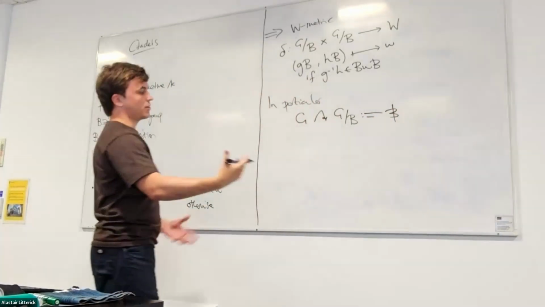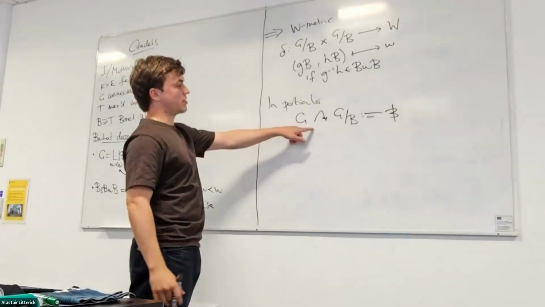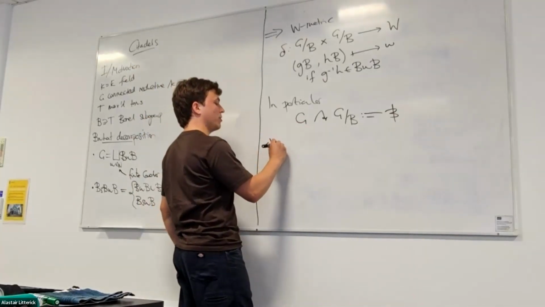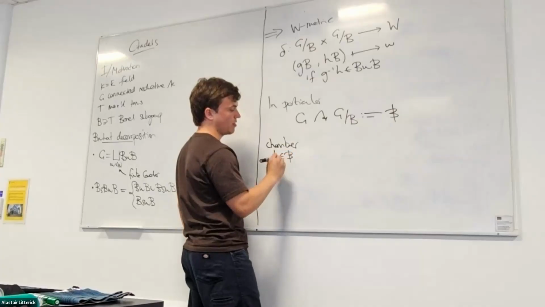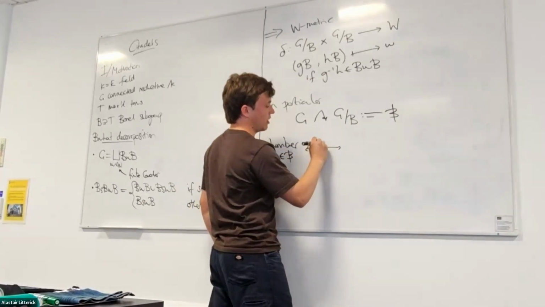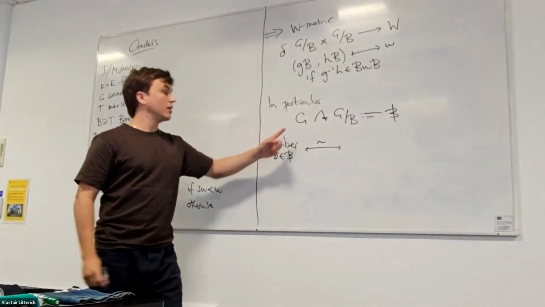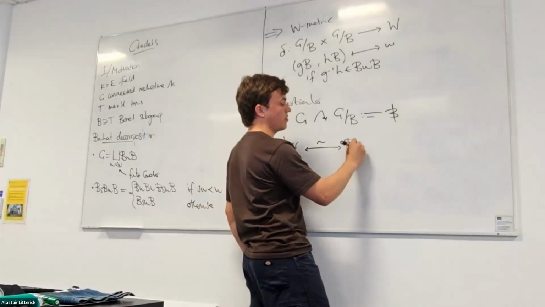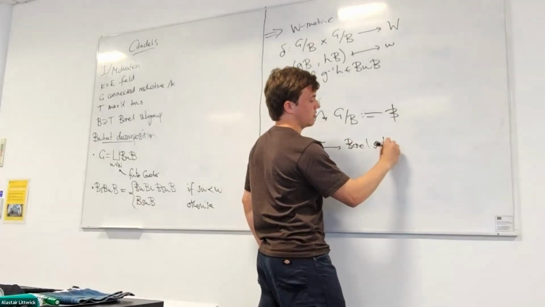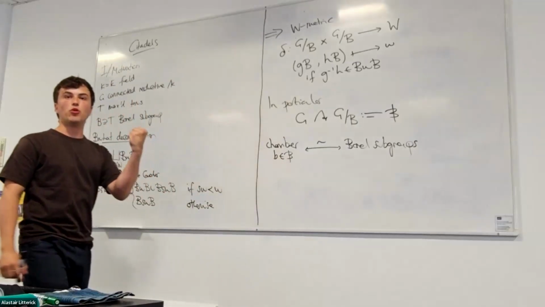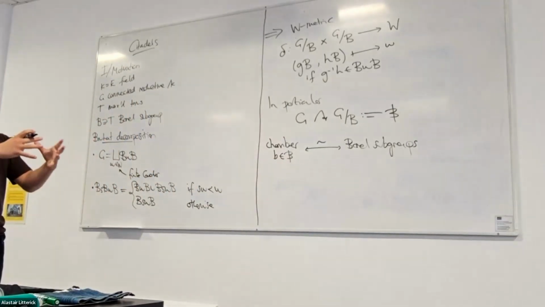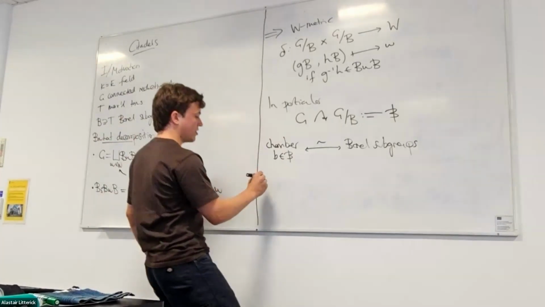An element of the building is called a chamber. By looking at the stabilizer of the chamber under this action, you get a correspondence between chambers and Borel subgroups. Well, what's the next thing up from a chamber? It's a point. Well, it's sort of like a ball almost. And these are called residues.